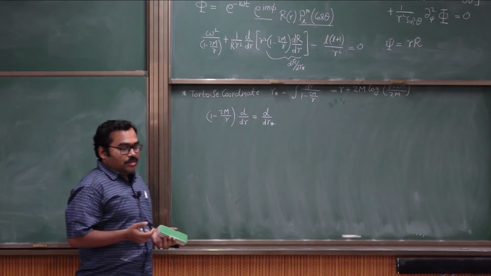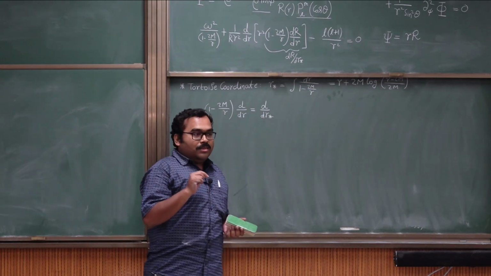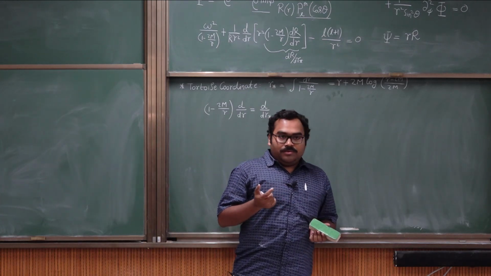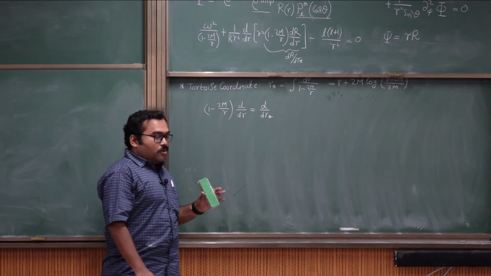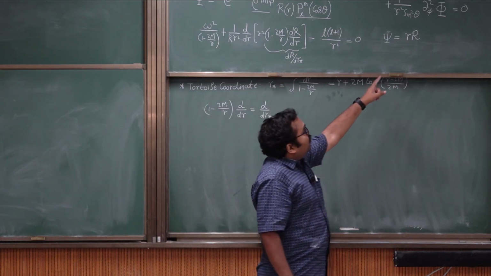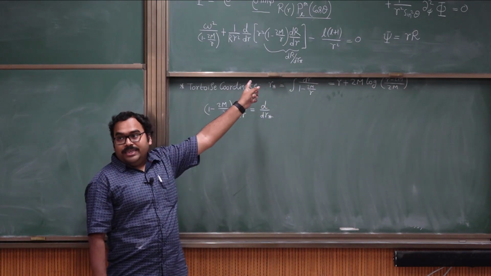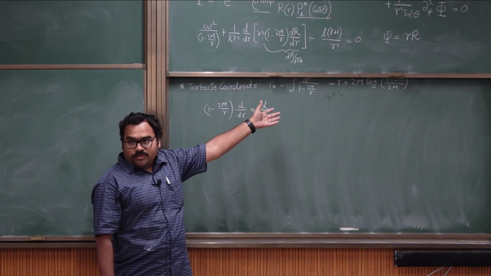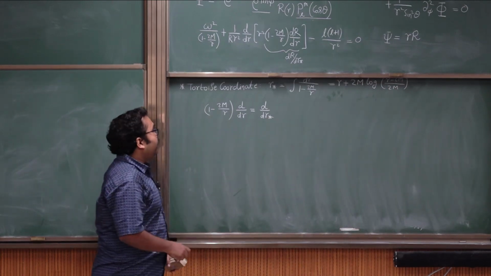So what is the Schrodinger equation? d2 psi by dx square, plus (E minus V) into psi equal to 0, or with a minus h bar square by 2m and so on. That means I do not want any term which is linear in the derivative. That is ensured by this particular rescaling, because if you normally do it, you would get a term which is linear, like d capital R by dr star, which I do not want to have. So that can be done by this simple rescaling, which you can check afterwards.